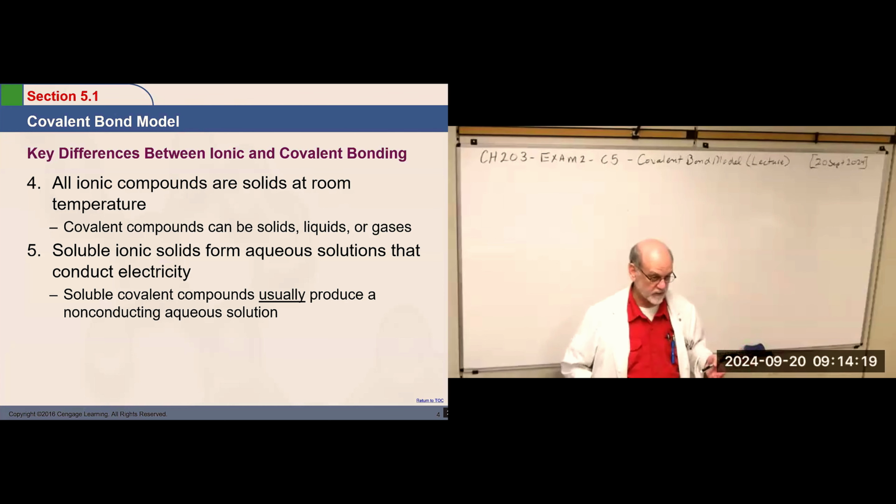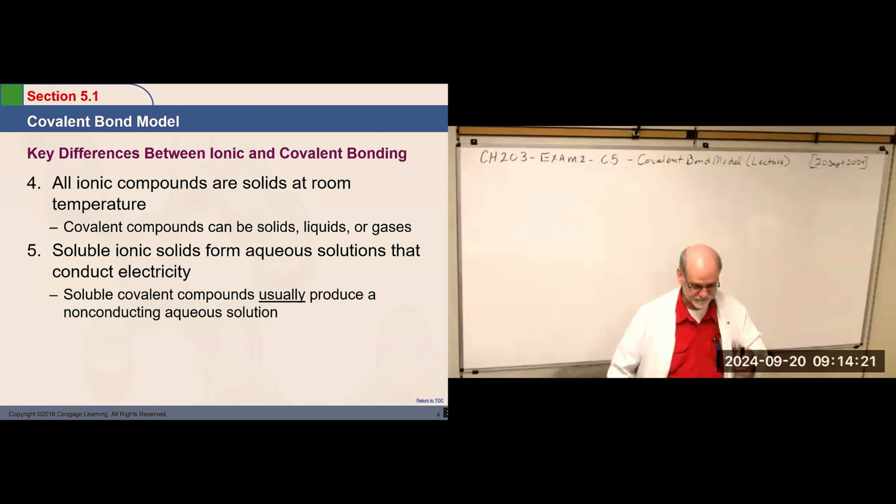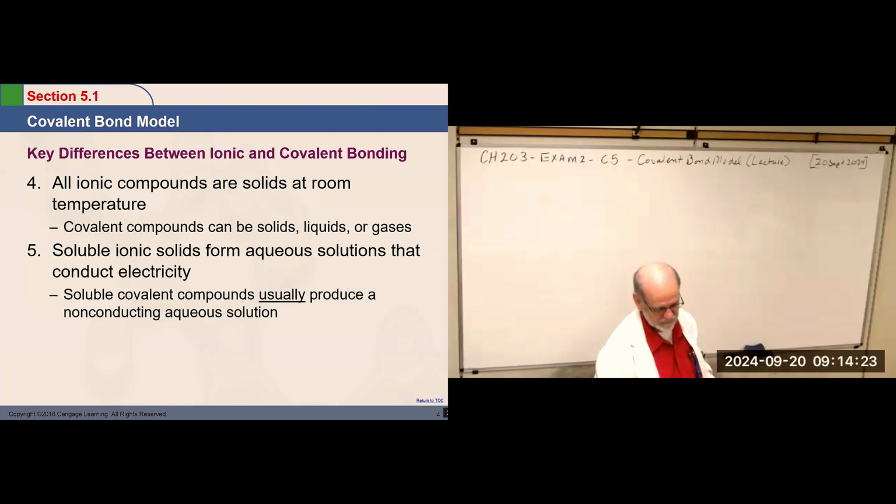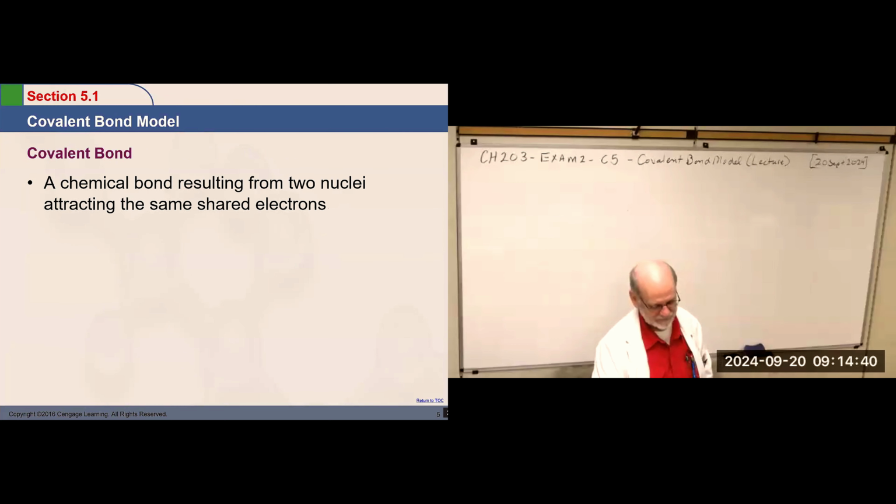So they don't conduct electricity. Table salt in water makes a real good conductive solution. Sugar in water, which can be dissolved to massive amounts, still won't conduct electricity.